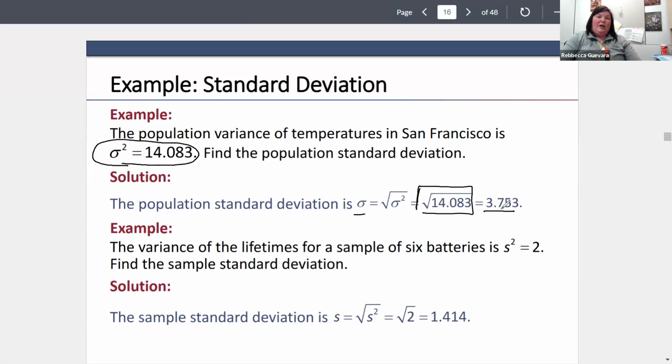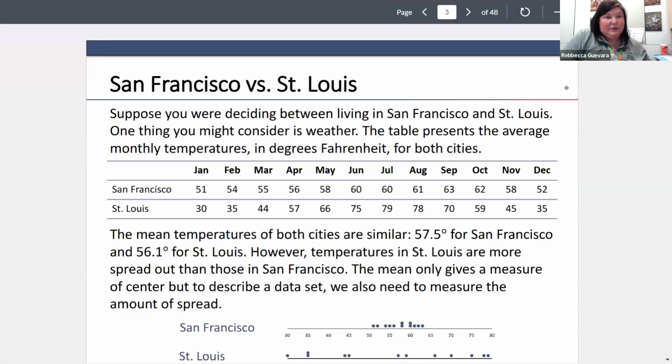So I'm going to take a moment here and go back and look at that data with the temperatures. If you look at San Francisco, the mean temperature was 57.5 degrees Fahrenheit. And what we just said is that my standard deviation is roughly about 3.8, so maybe about 4 degrees.